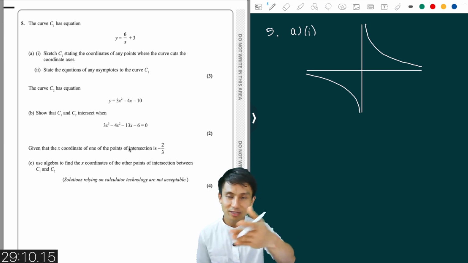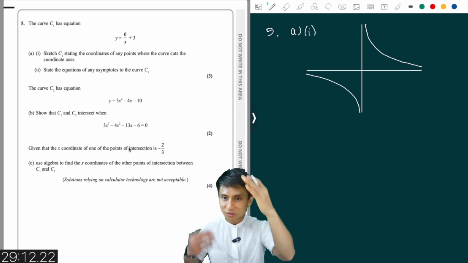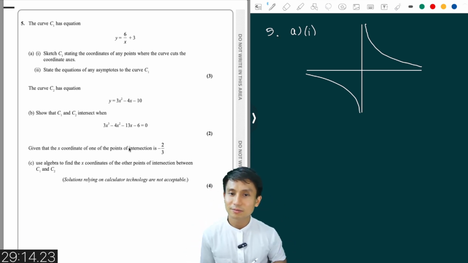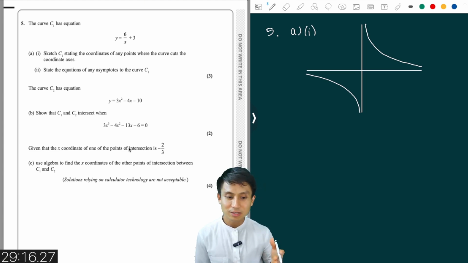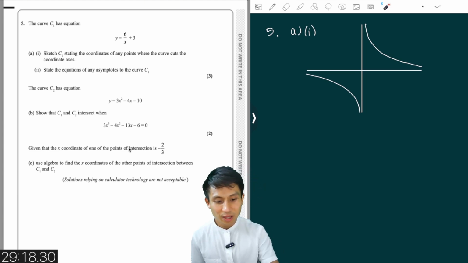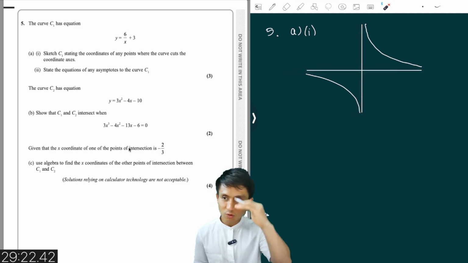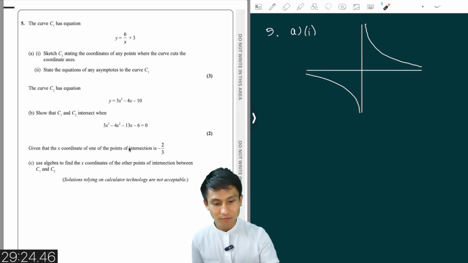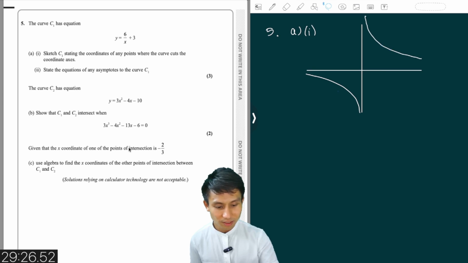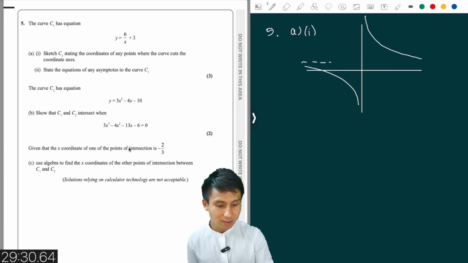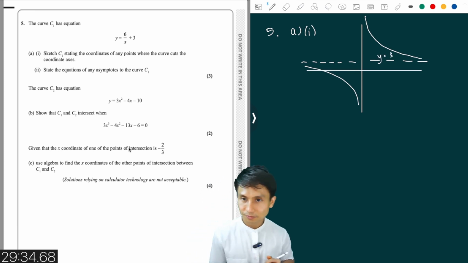It doesn't matter whether the 6 is 1 or something else, it's just steeper. But we have plus 3. So at first we have the x asymptote and y asymptote as these two. If you are adding 3, it's going to be moved up, right? So everything will be moved up like that, and the asymptote instead will be at y equals 3.